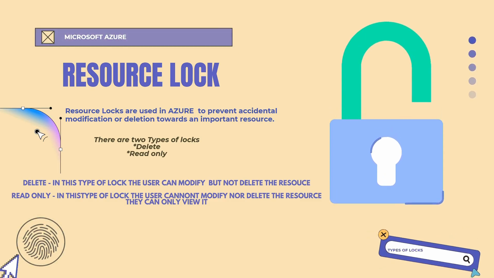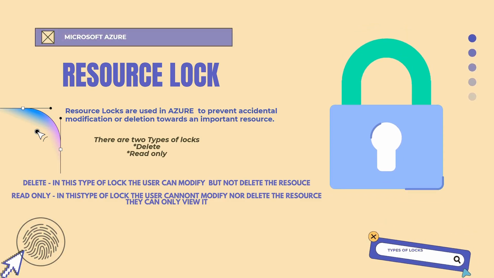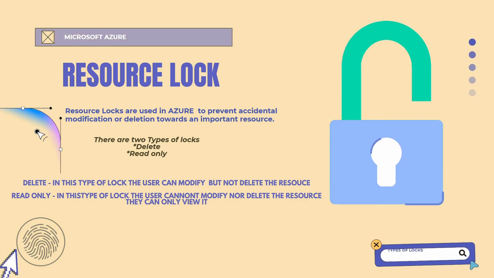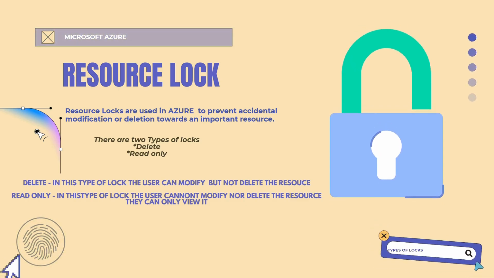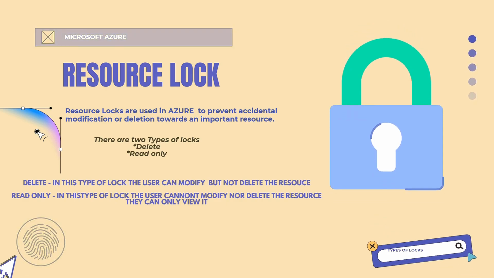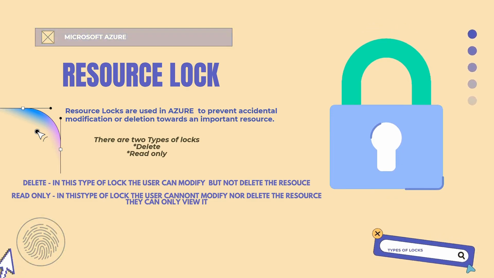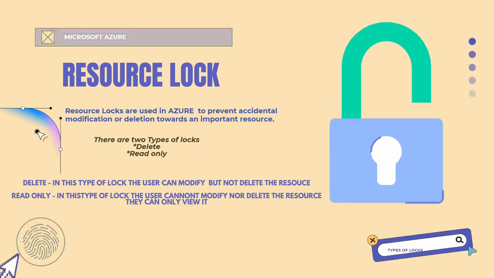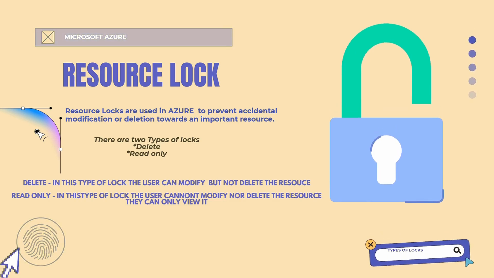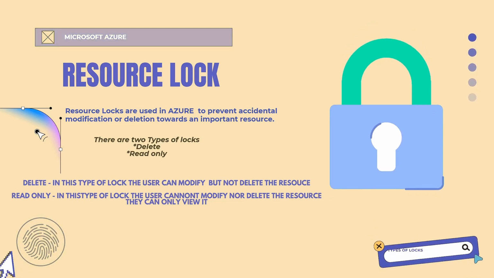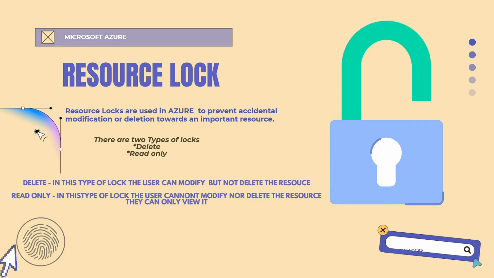They come in two types, which are delete and read only. In the delete lock, the user can modify but cannot delete the resource. The second one is read only. In this type of lock, the user can neither modify nor delete the resource. They can only view it. From the word read only itself, you can understand that it can only be viewed.